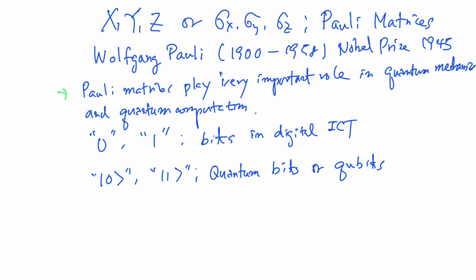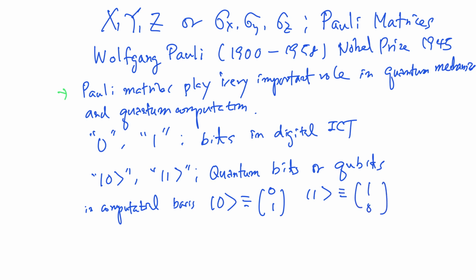So in the computational basis, zero is defined as (0, 1) and 1 is defined as (1, 0). The interesting thing is, the Pauli matrix X operating on 0, what happens?